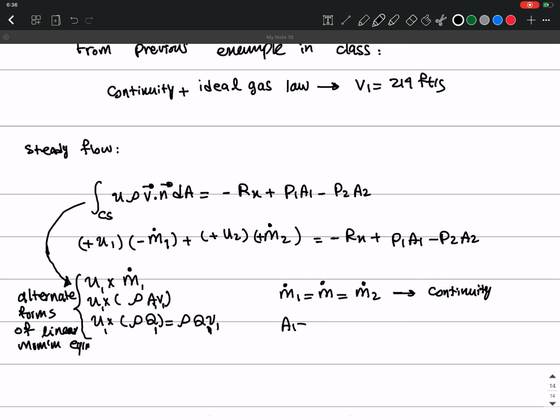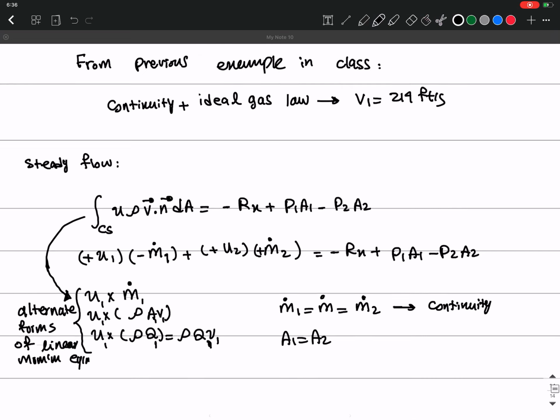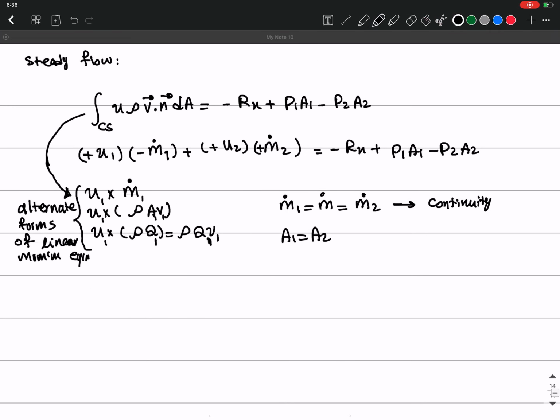And we know A1 equals to A2, right? We have it here. So I can factor m dot out here and write m dot (U2 minus U1) equals to minus Rx plus A2 (P1 minus P2).